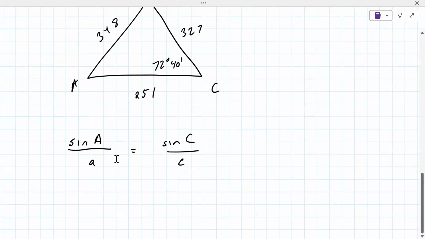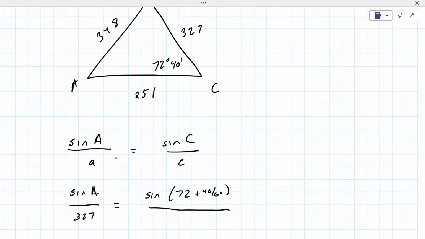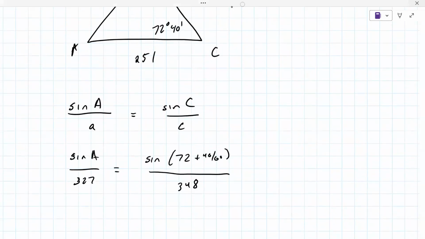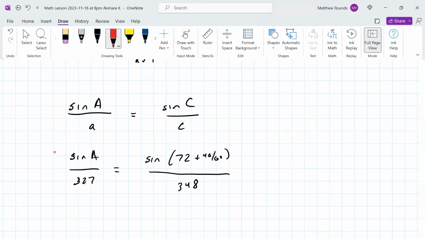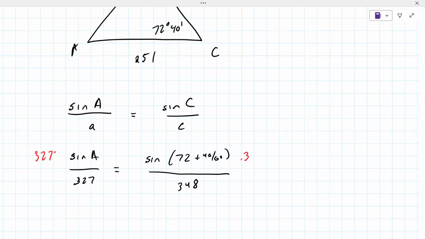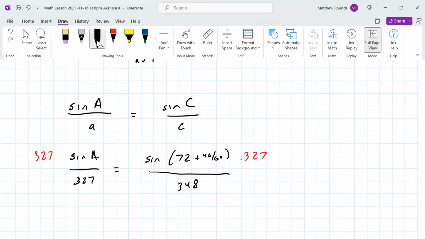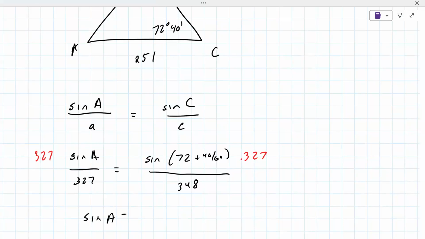All right, so sine A over 327 equals sine of 72 plus 40 over 60 degrees over 348. And then you can solve for A by clearing out that fraction, and then you can undo sine with sine inverse.